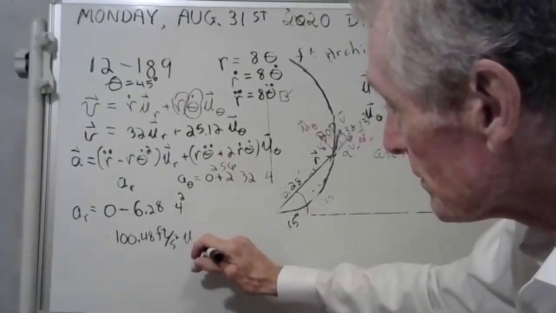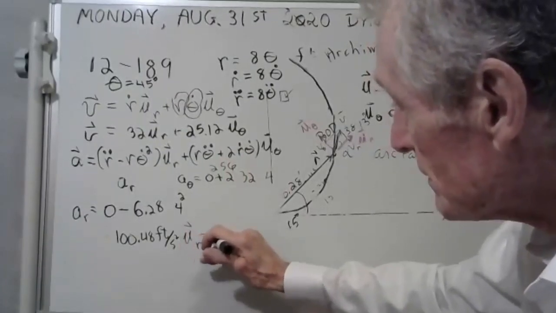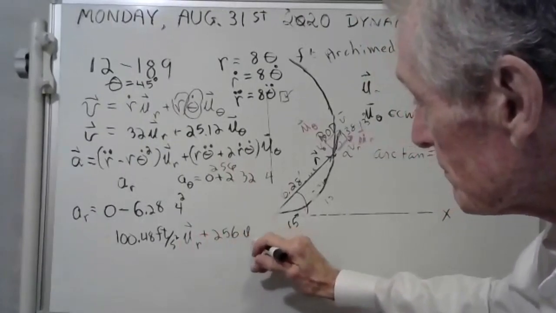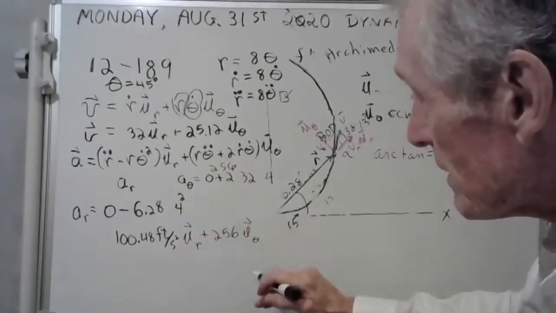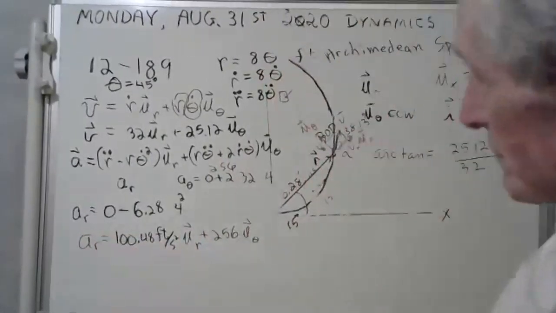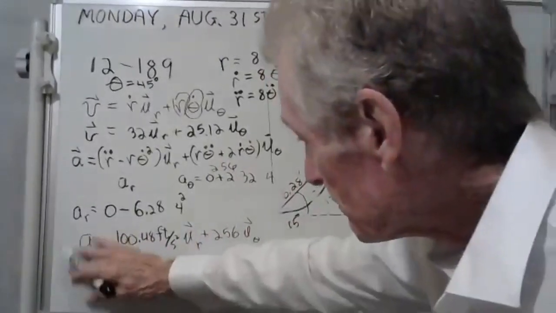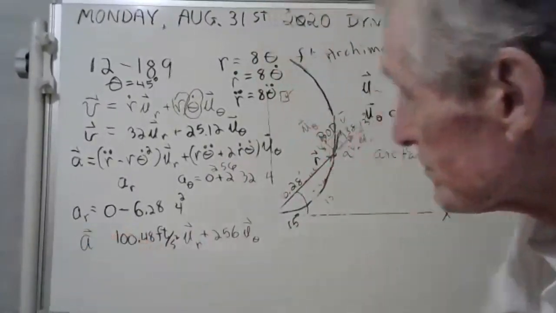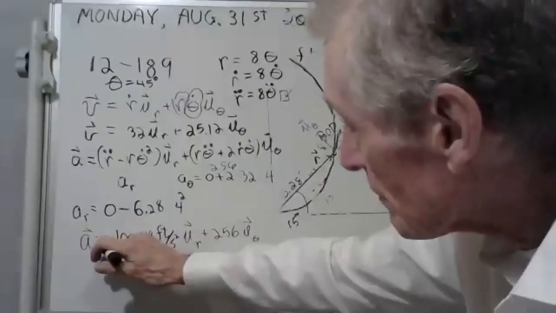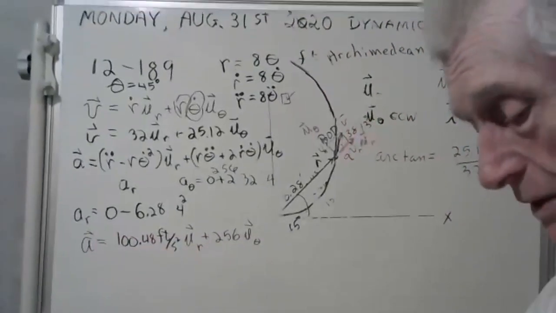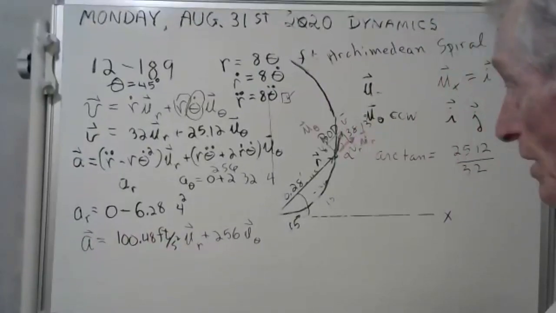Okay, here's what I'm coming up with, guys. This is your acceleration. We have the radial component and we have the transverse component.